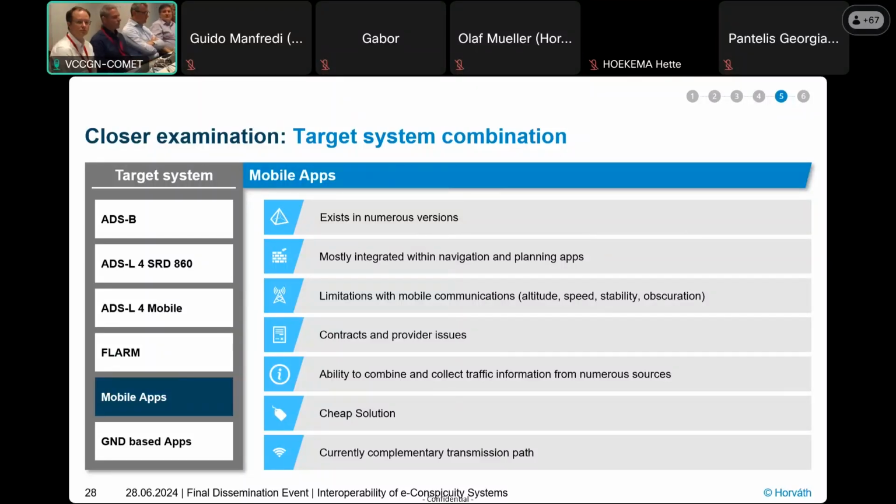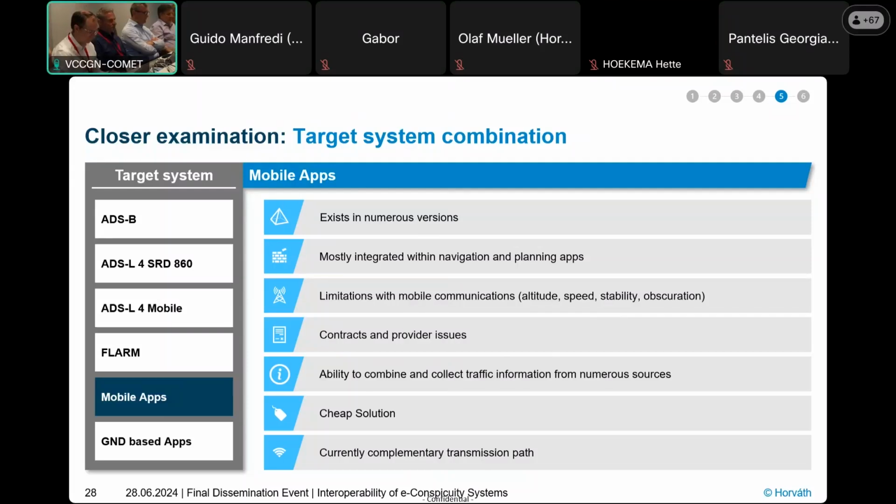So a closer look at the mobile apps. This is clearly the cheapest solution for electronic conspicuity and exists in numerous variants. And they're mostly connectable to navigation apps to display traffic on the navigation apps as well. And they have the ability to merge different data sources to be displayed on your app then. The limitation of those systems is linked to the communication path, the mobile network.